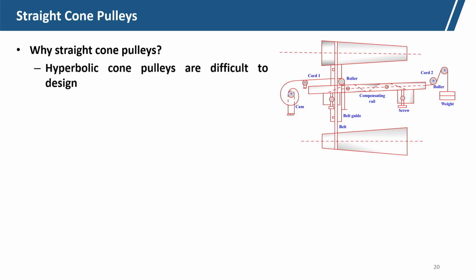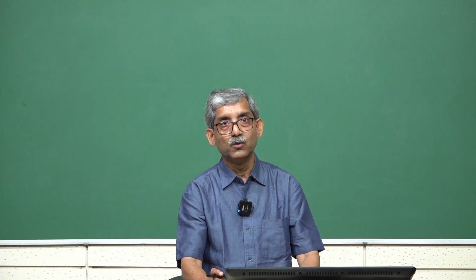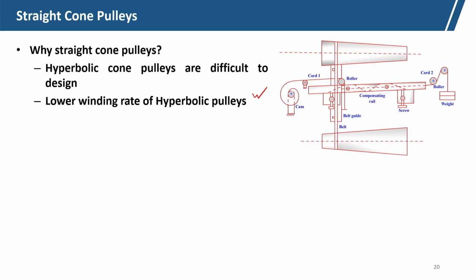Because hyperbolic cone pulleys are difficult to design, as we have already discussed. They also have a lower winding rate, because if we use the hyperbolic pulley, there is a chance of slippage. That is why we use the straight pulley.